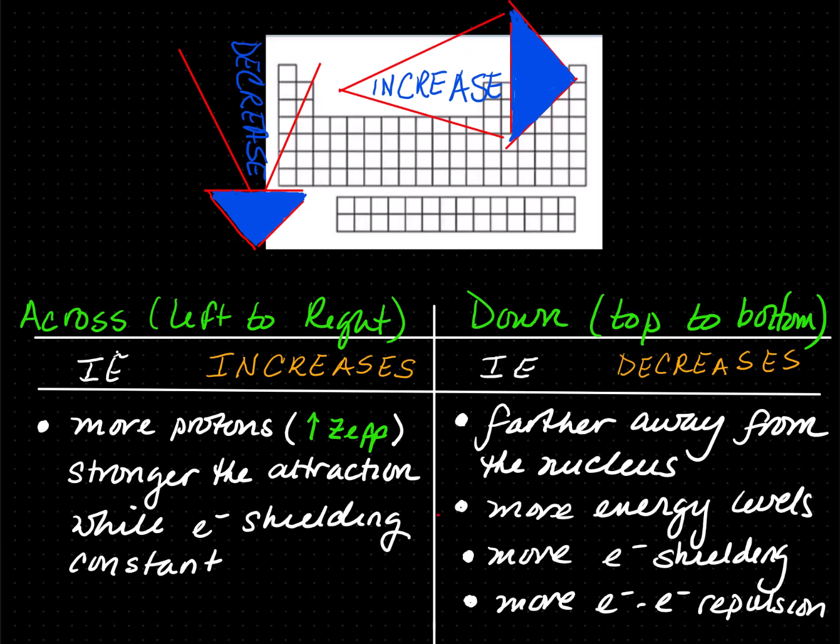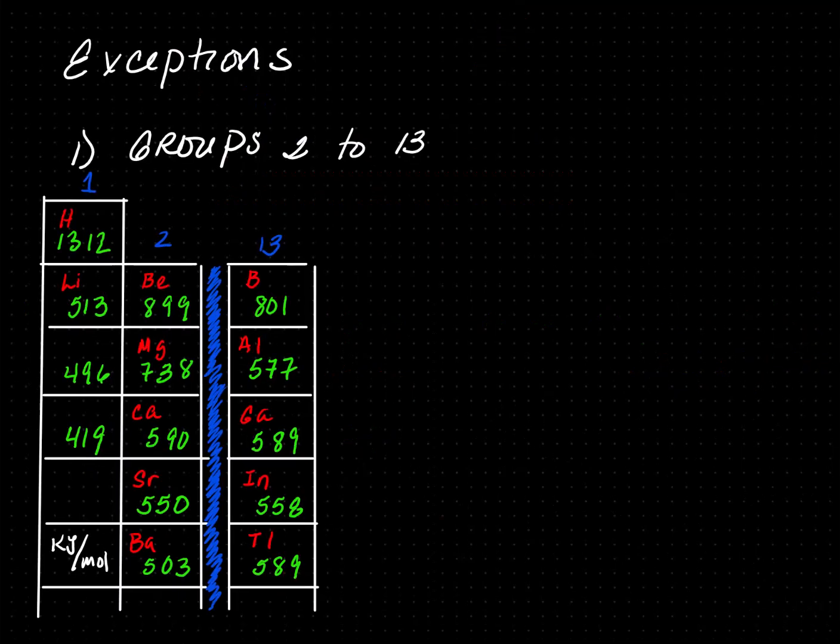Since it increases across the period from left to right and decreases down the periodic table, diagonally from the metals to the non-metals, it will increase. There are many exceptions to ionization energy, but for this class, you need to know the two main ones.